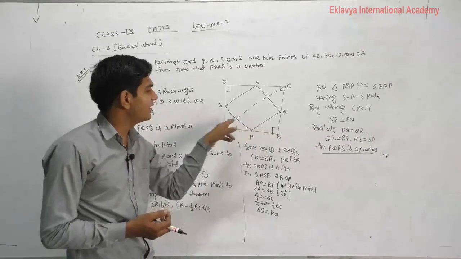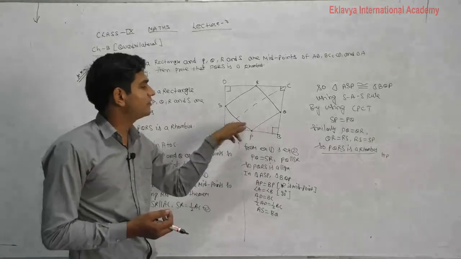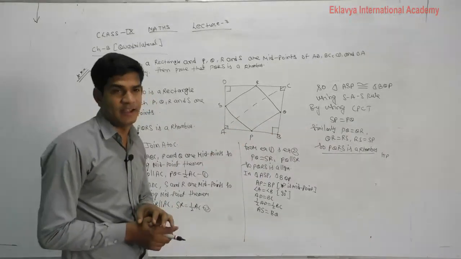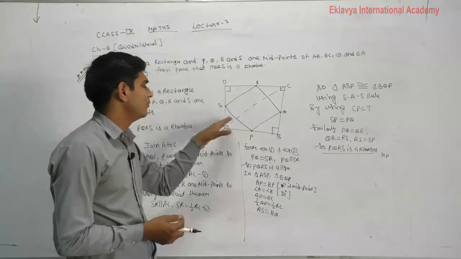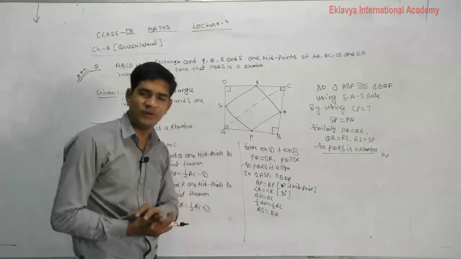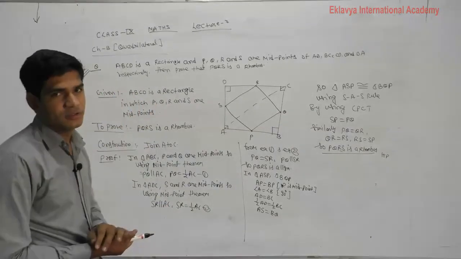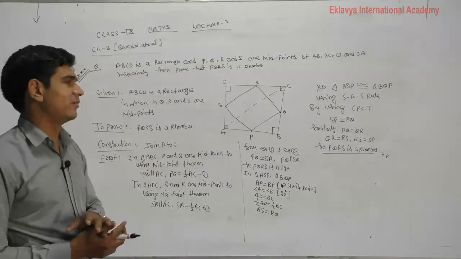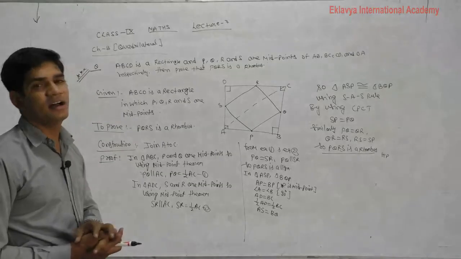So we take two triangles and prove that they are congruent. After that, by using CPCT, from congruent triangles, corresponding sides will be equal. So their adjacent sides are equal. So PQRS is the rhombus.